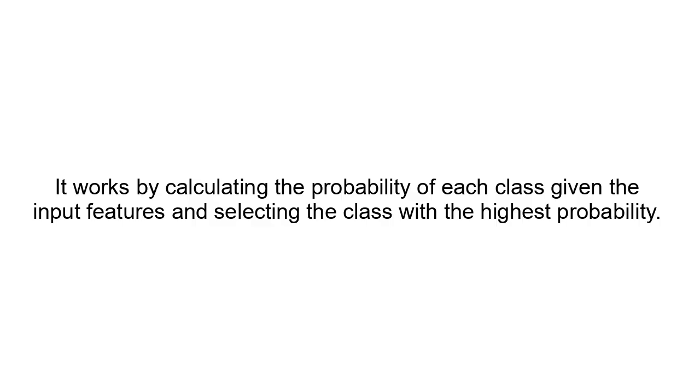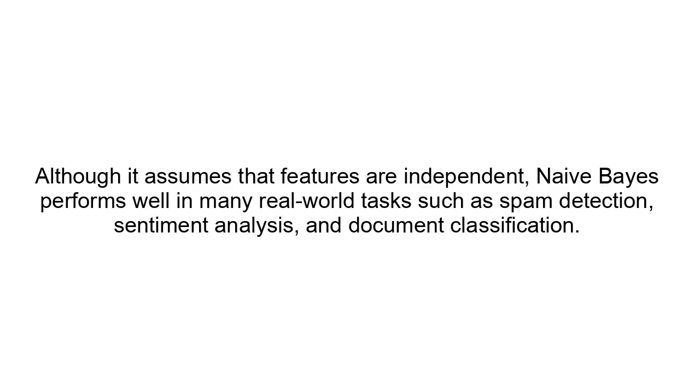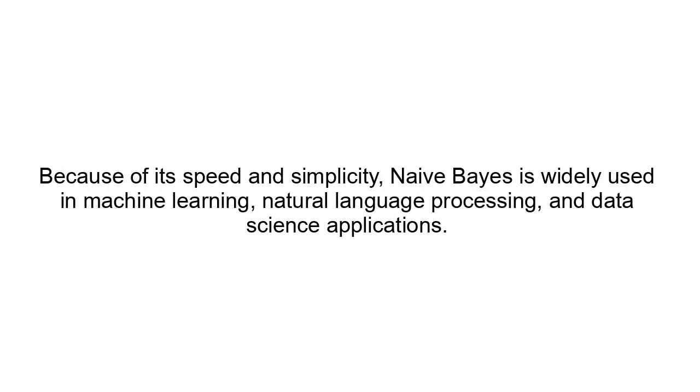It works by calculating the probability of each class given the input features and selecting the class with the highest probability. Although it assumes that features are independent, naive Bayes performs well in many real-world tasks such as spam detection, sentiment analysis, and document classification.